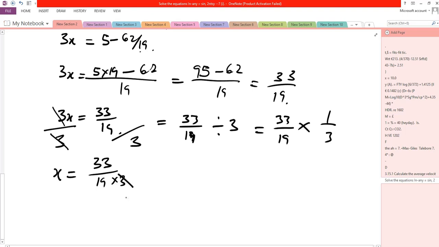So this cancels, this is 1, and 33 divided by 3 is 11. So you have 11 all over 19 as your x.